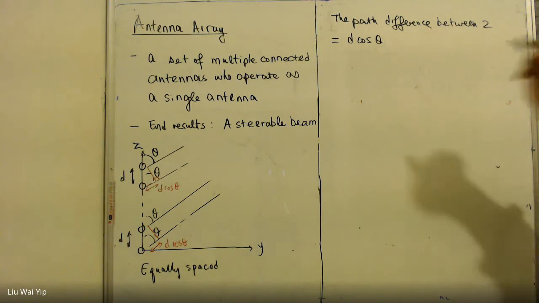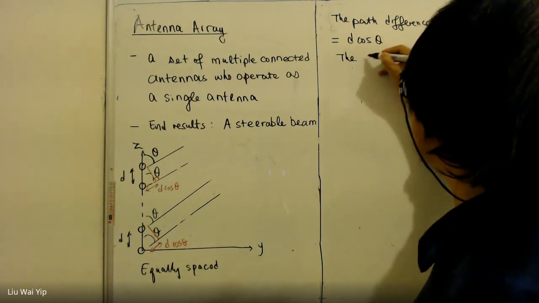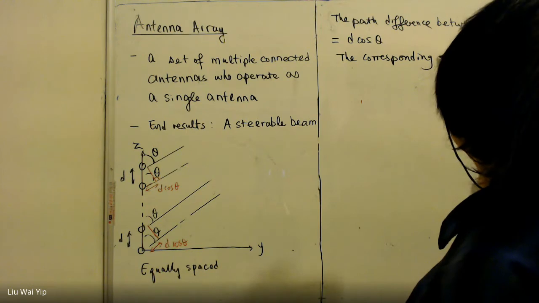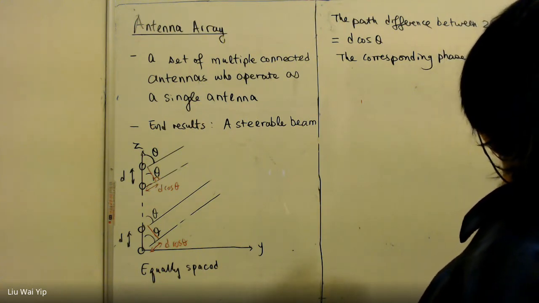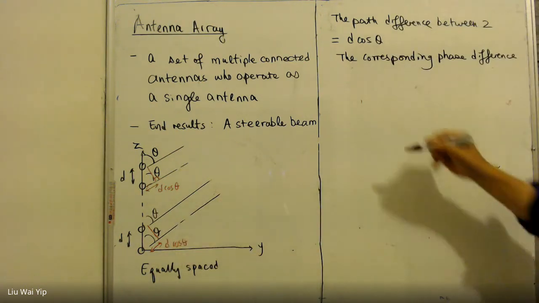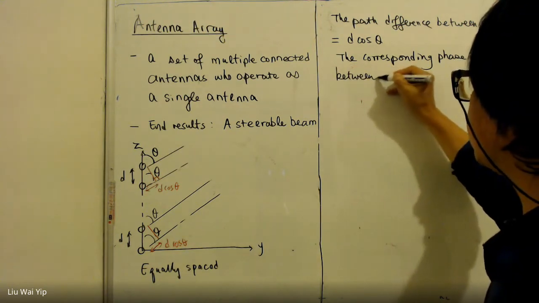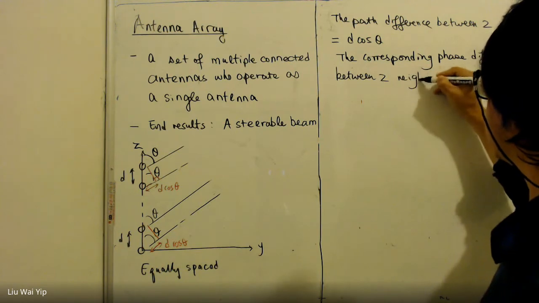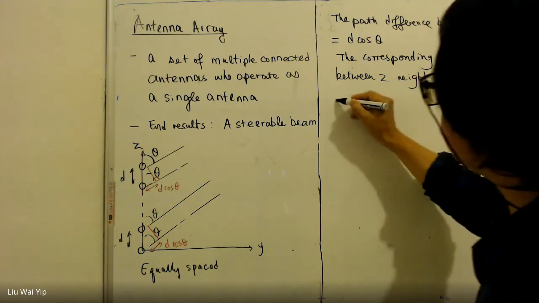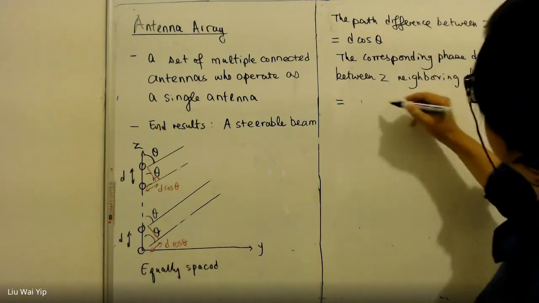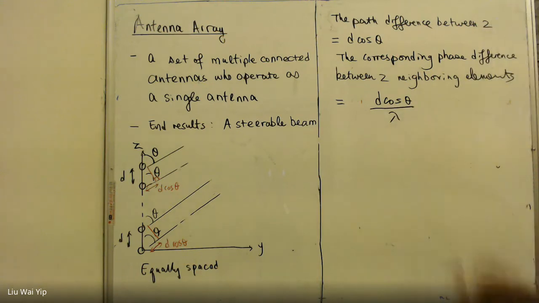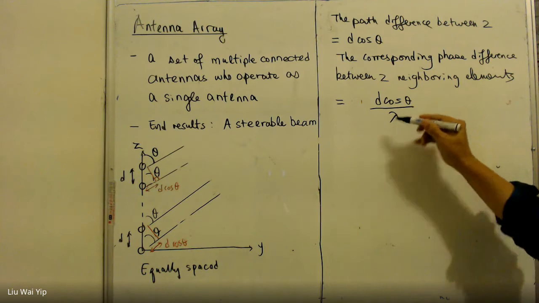And now the phase difference can be calculated in this way. The corresponding phase difference between two neighboring elements should be equal to d cosine theta divided by lambda, and lambda is usually a whole wavelength.